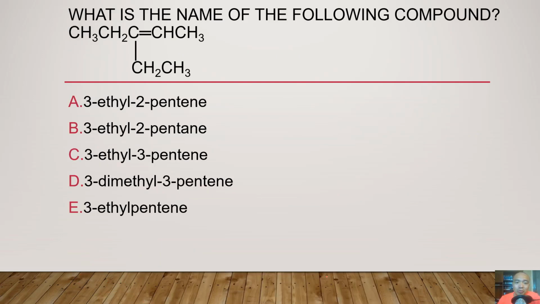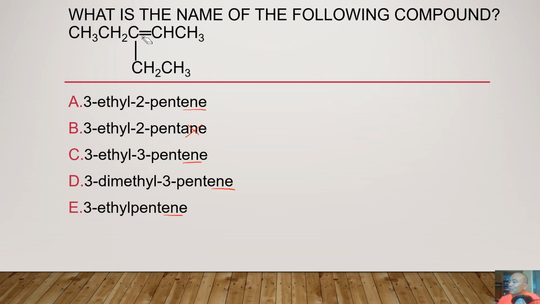Let's look at a few more examples. For example, you have an alkene over here. Why is it an alkene? Because you do have a CC double bond here. So this is an alkene. That means it will have an ENE ending, not ANE. But how do you name this compound?